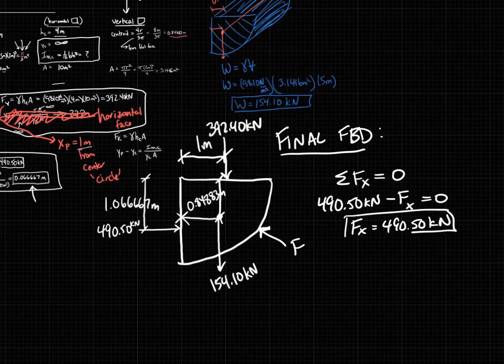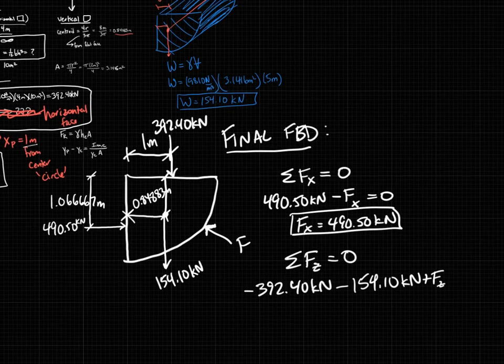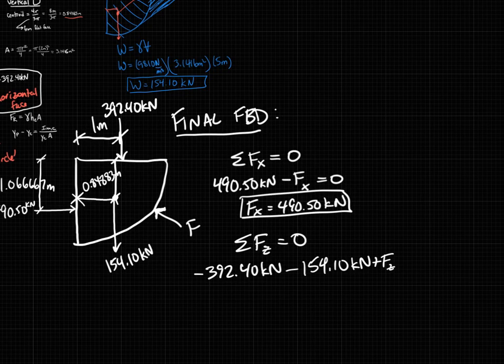Cool. What's Fy? Sum of the forces in Z, I guess, equals 0. Let's see, what do we have in the Z? Well, we've got 392.40 kilonewtons. That's a negative. Minus 154.10 kilonewtons plus F in the Z direction equals 0.